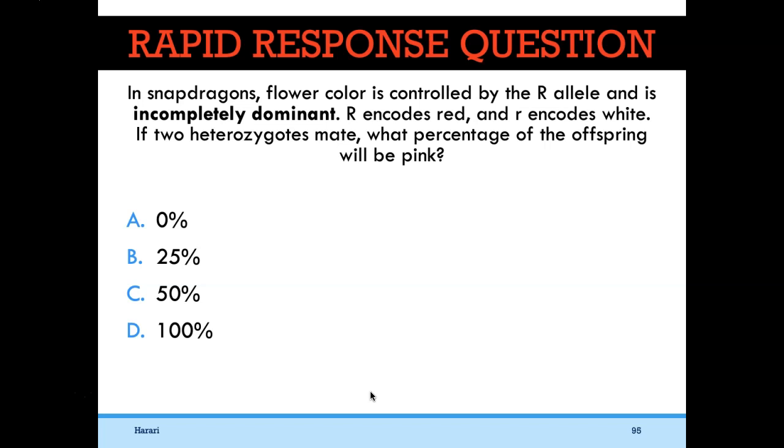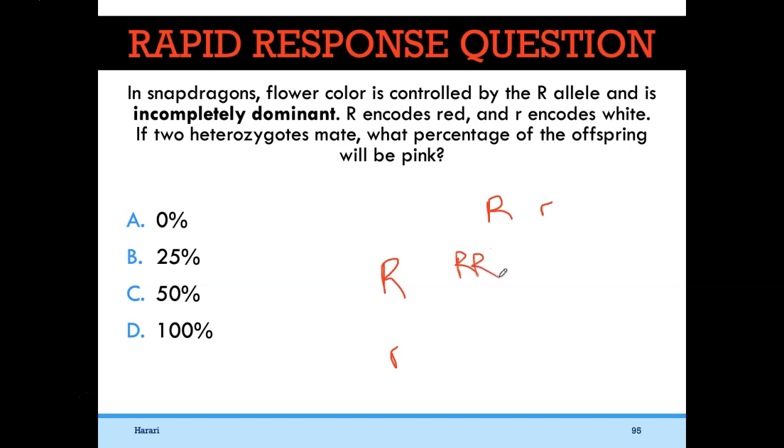So in snapdragons, flower color is controlled by the R allele and is incompletely dominant. If two heterozygotes mate, what percentage of the offspring will be pink? Pause here and try to do this Punnett square in your notes. I'll do it here. If we have two heterozygotes, those would be pink, so it's big R, little r, big R, little r.